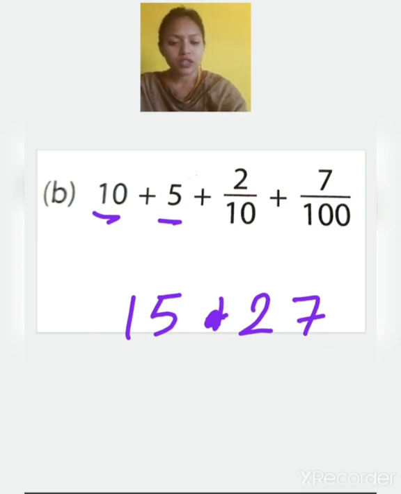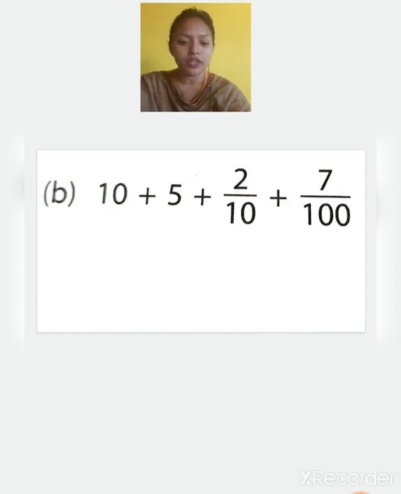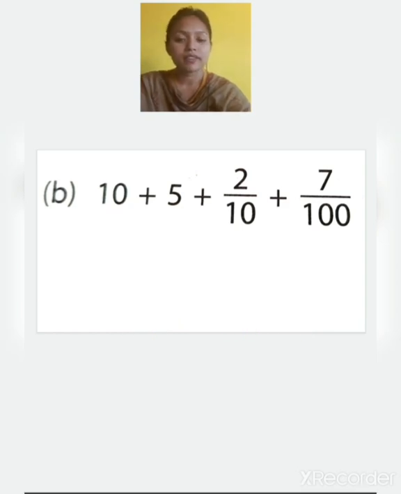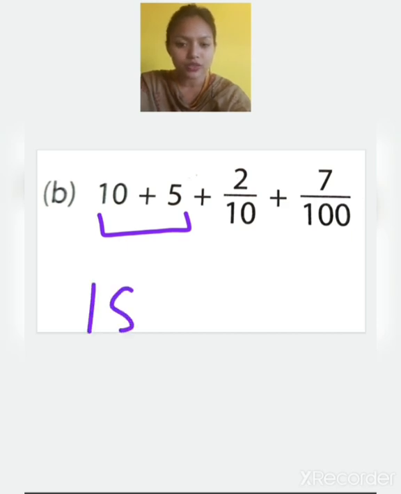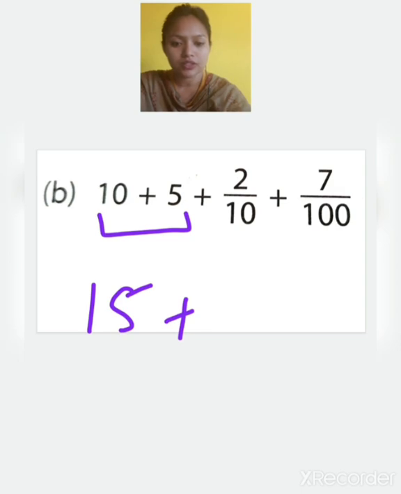So the answer is 15.27. And a short thing you can keep in your mind: whatever whole numbers are given, you just add them together. So it is 15, and this 2 upon 10, just see the number and its position.